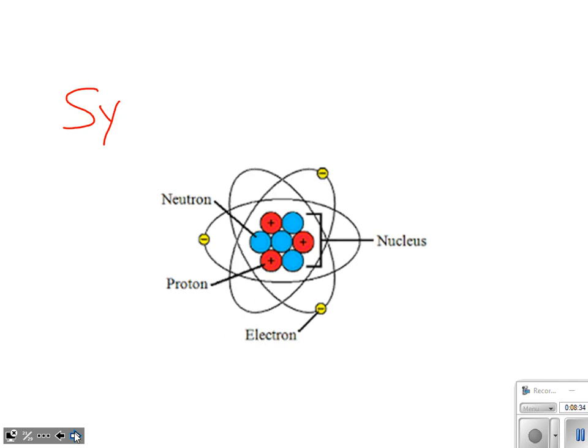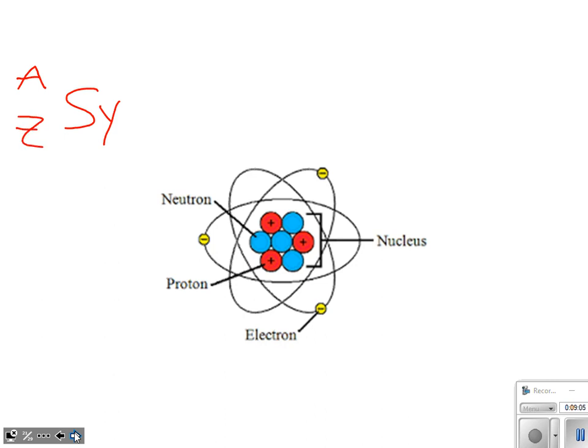A. So if I have the symbol, the top number is A, the mass number. What did we use for the atomic number? Z. The bottom number is the atomic number, Z.